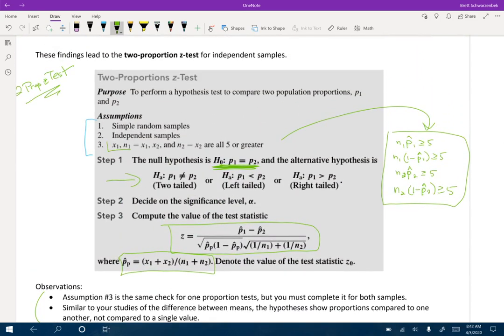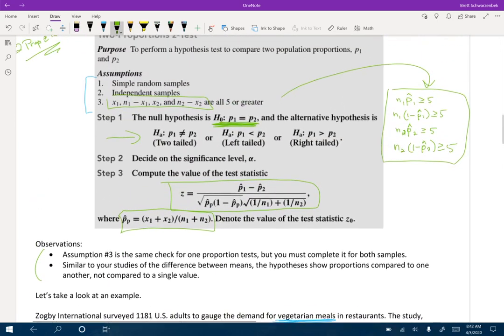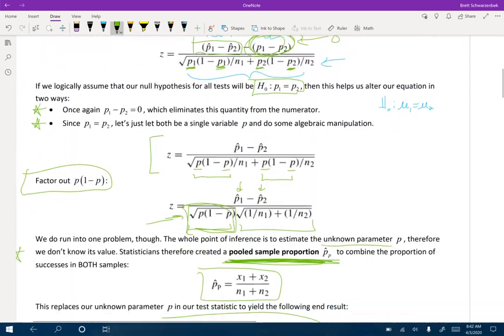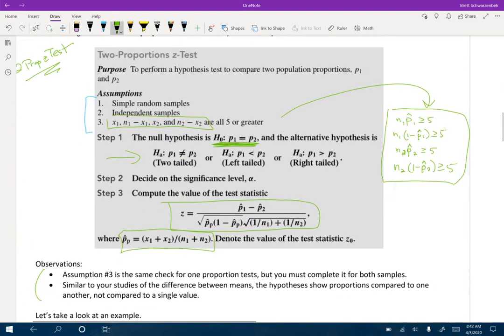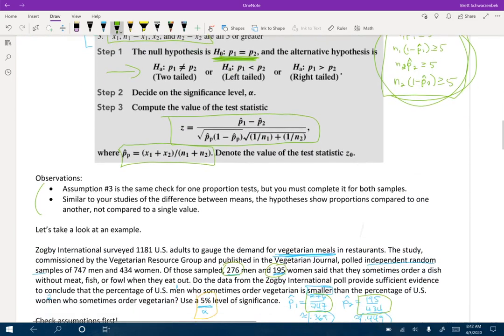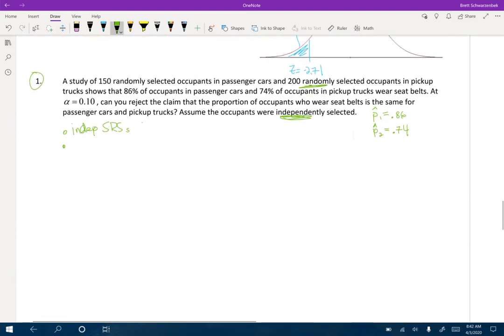We used these in the previous problem because we were actually given our x's. In this problem, we're not. We're given the sample sizes and only the proportions, which means this is the ideal place to figure out these requirements.